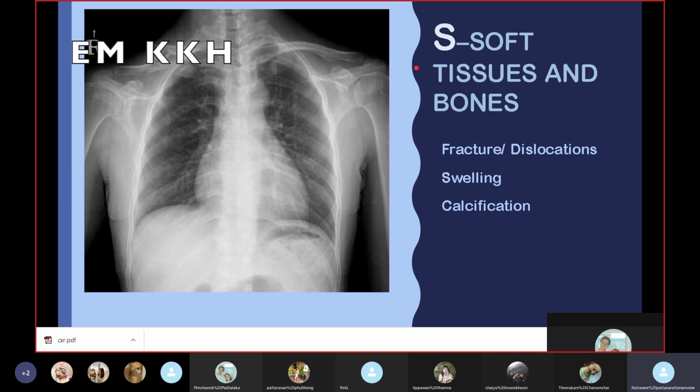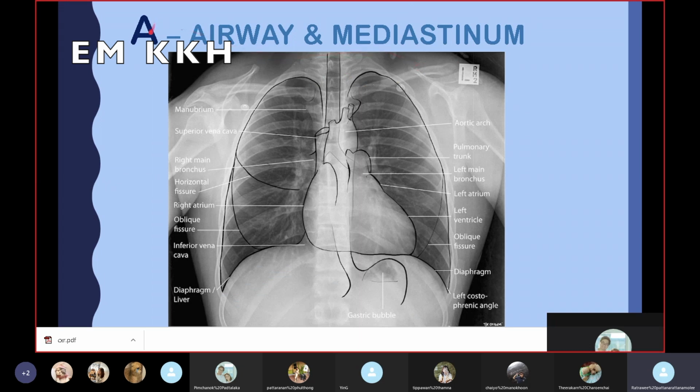DRS, the next is A. A is the airway and mediastinum. Begin with the trachea, and inspect for evidence of deviation. The trachea is normally located centrally or slightly deviated to the right.